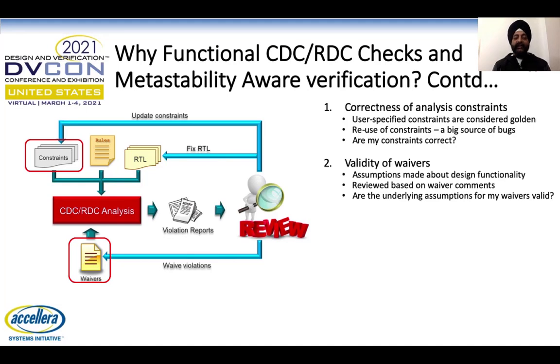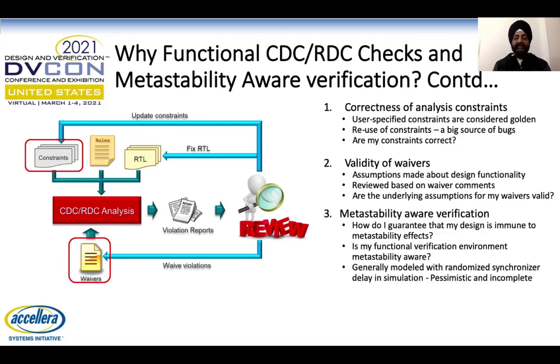As I said, you end up creating a lot of waivers, right? So what about the validity of waivers? You made some assumptions about your design while creating them. So to get the real sign-off, you have to validate and make sure that the underlying assumptions you made to create your waivers are correct.